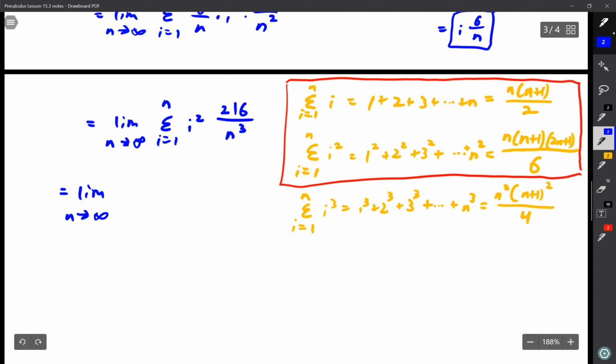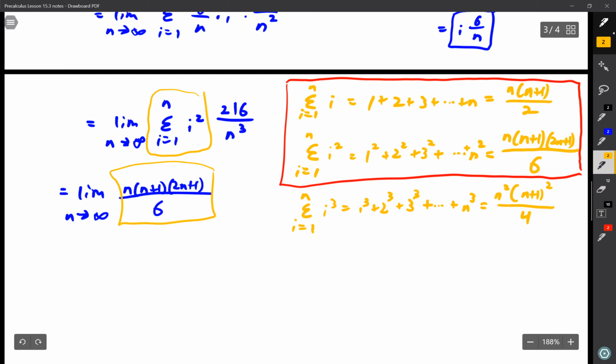And the sum of i squared equals n times n plus 1 times 2n plus 1 over 6. So this became this. And we still have our times 216 over n cubed.